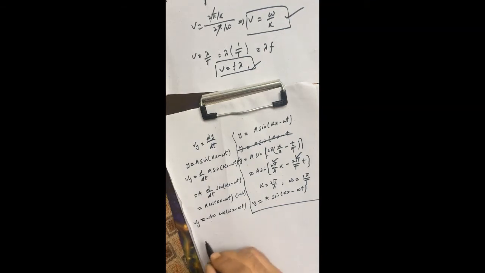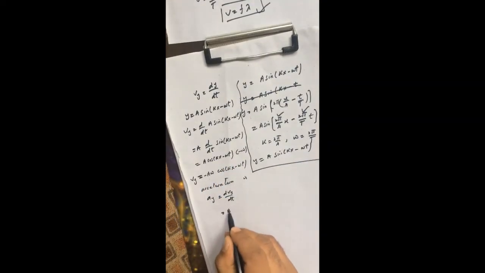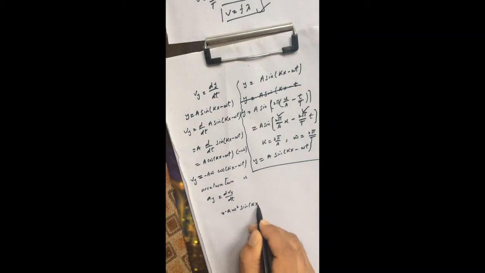And the transverse component of acceleration, which is a of y, which is dvy over dt. If we differentiate this again, we get a with a negative sign omega square sine kx minus omega t.